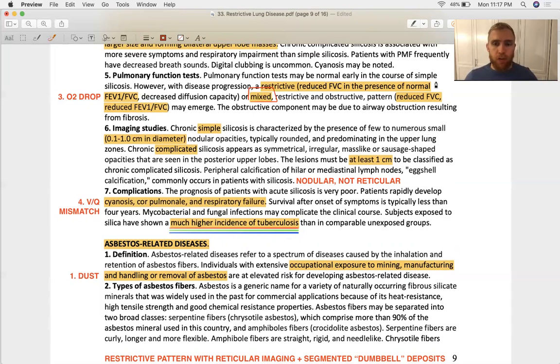And then what you'd see in restrictive is decreased FVC with increased FEV1/FVC, okay? So in obstructive, they're opposite. In restrictive, they're opposite. But in a mixed disease, they're both down.